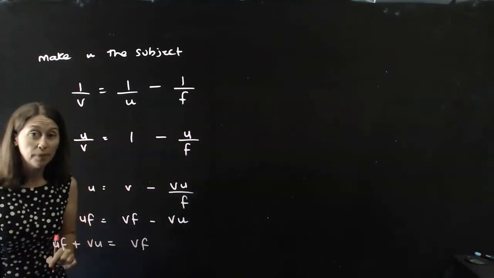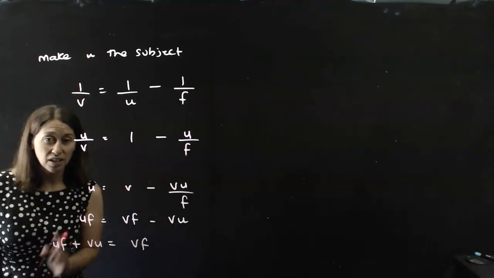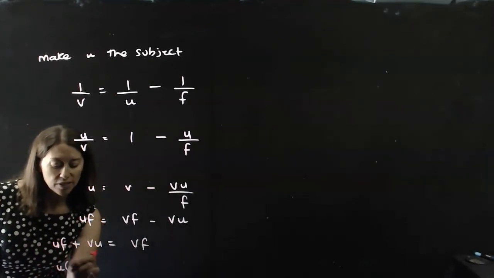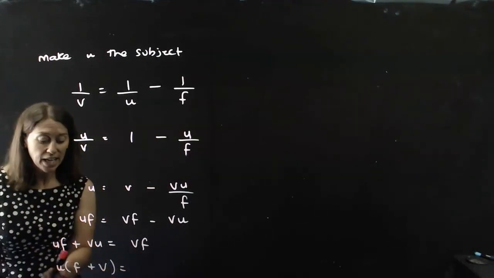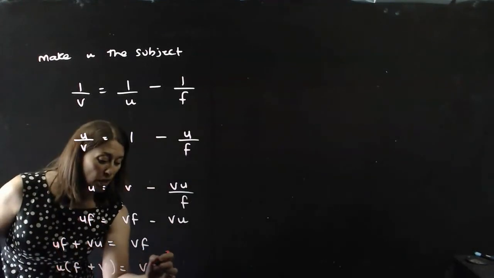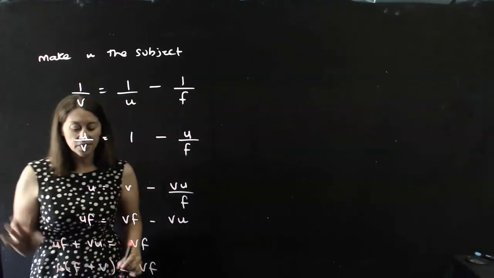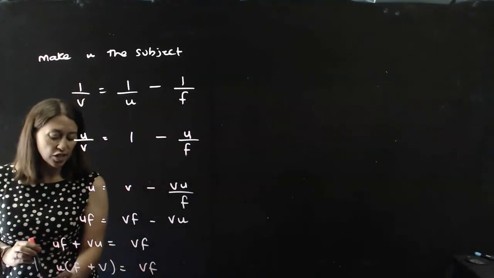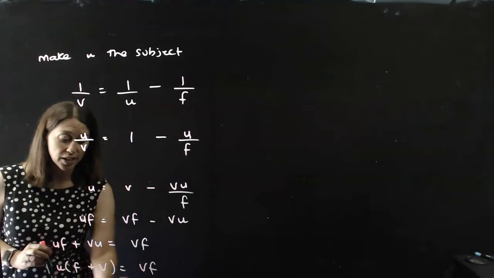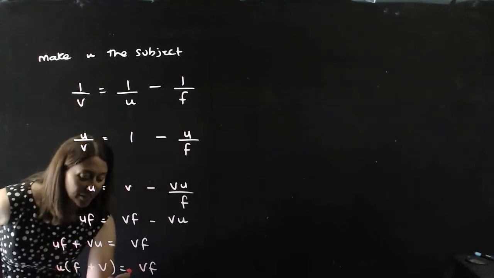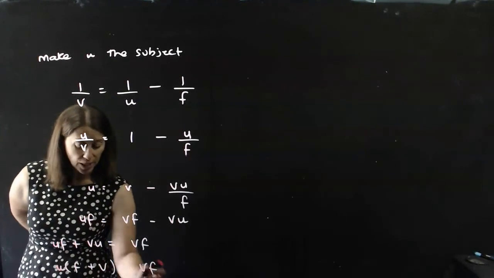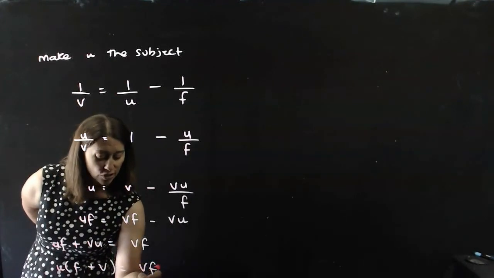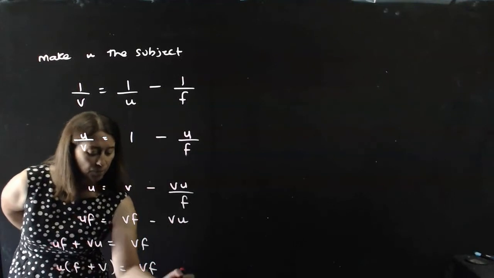We're looking for a common factor. Both terms have u. So if I pull u out as that common factor, I'm left with f plus v, all multiplying by u. This is a clever trick, because now to separate the u from this, I'm going to divide by all this bracket, which isolates u and makes u the subject. So I'm left with u equals vf divided by f plus v.